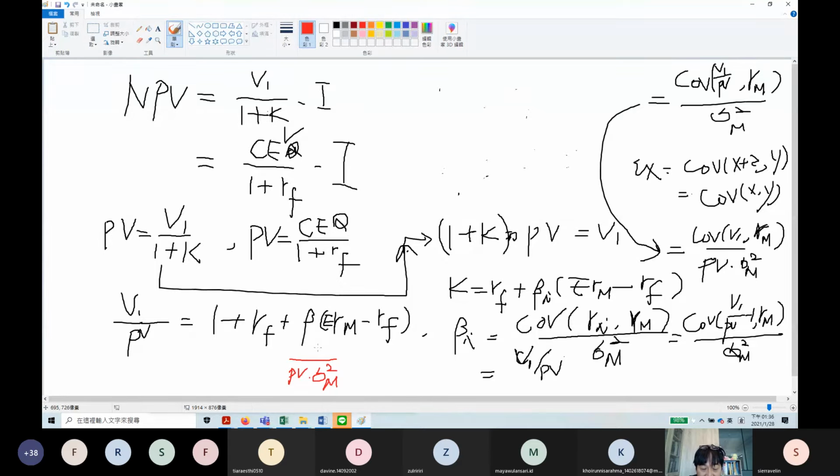PV is the present value of the project. Originally, the beta is the covariance of Ri and Rm over sigma m squared, but now the covariance is of V1 and Rm. A little different.